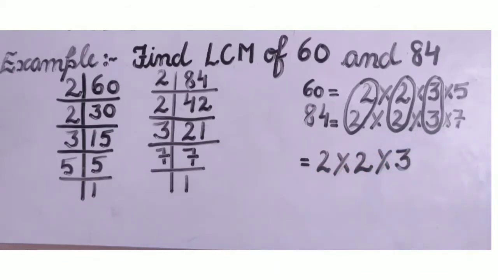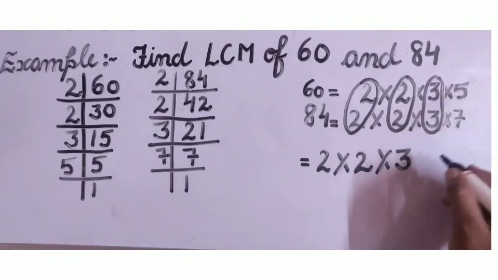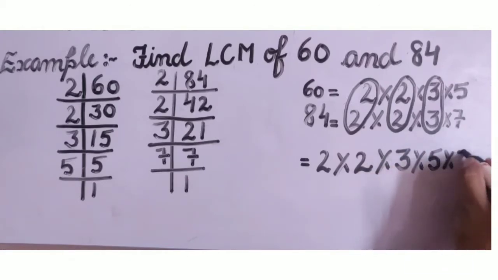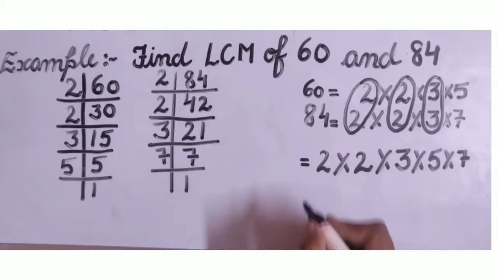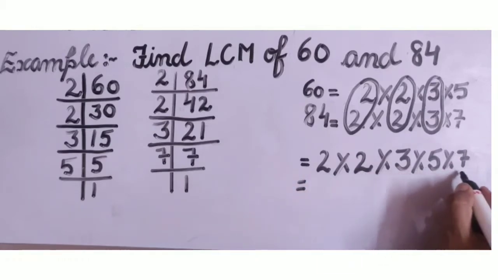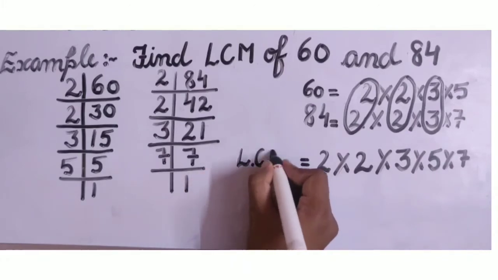Students, now the third step to find out the LCM is uncommon factors, which we have not circled. We will write them also. 5 multiply 7. And now after finding out the product of these numbers, I can find out my LCM.